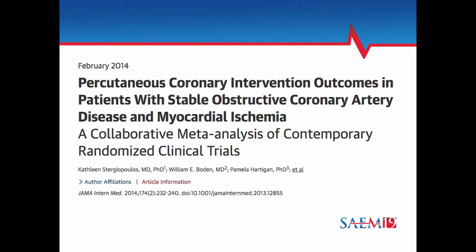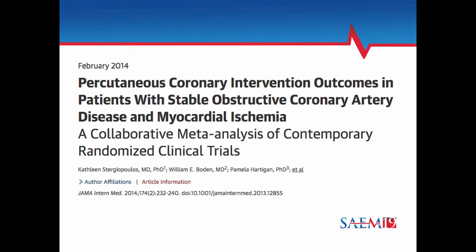I'm pretty sure all of you have a family member or someone you know who had an abnormal EKG or an abnormal stress test, was seen by a cardiologist, and ended up in the cath lab for PCI and got a stent, right? This is the most cited meta-analysis on this topic, and it looks at patients who have obstructive coronary artery disease, but they're asymptomatic.